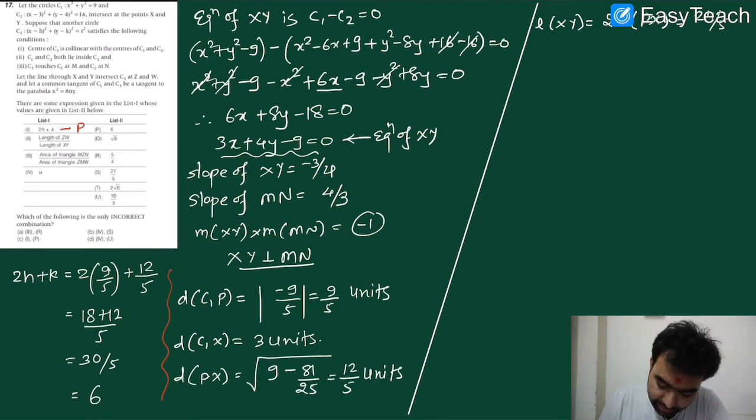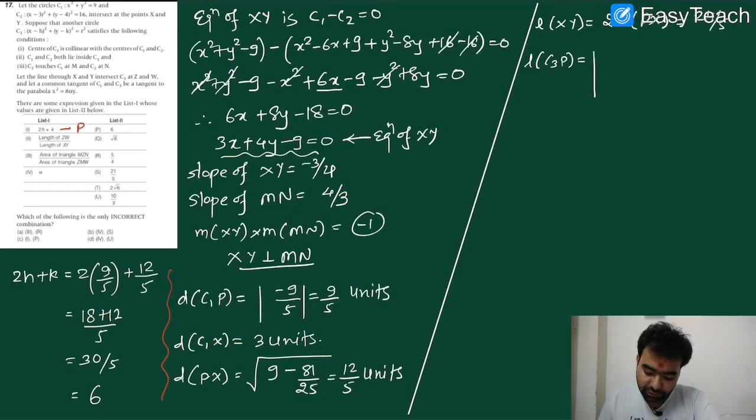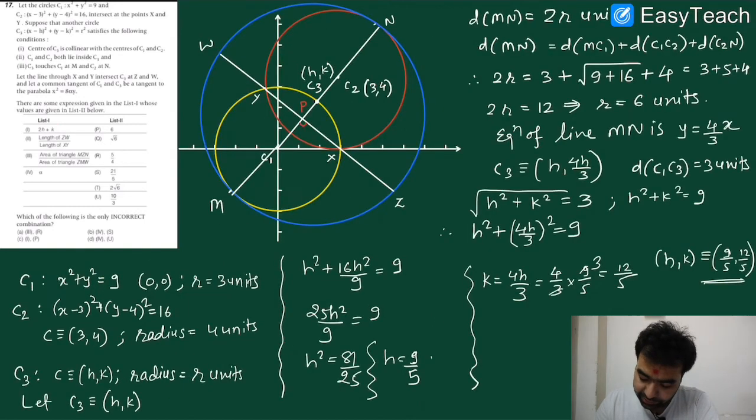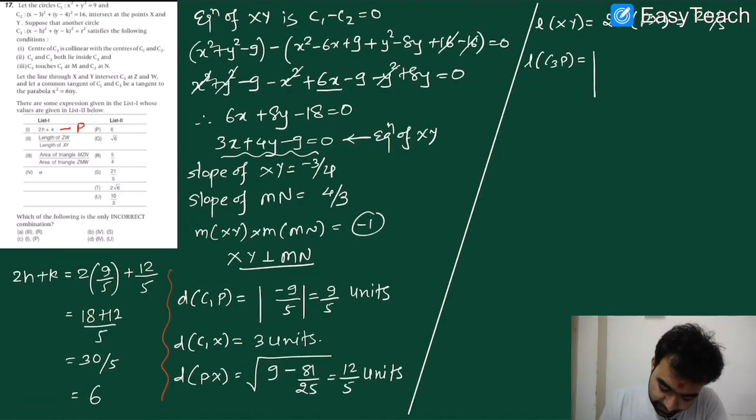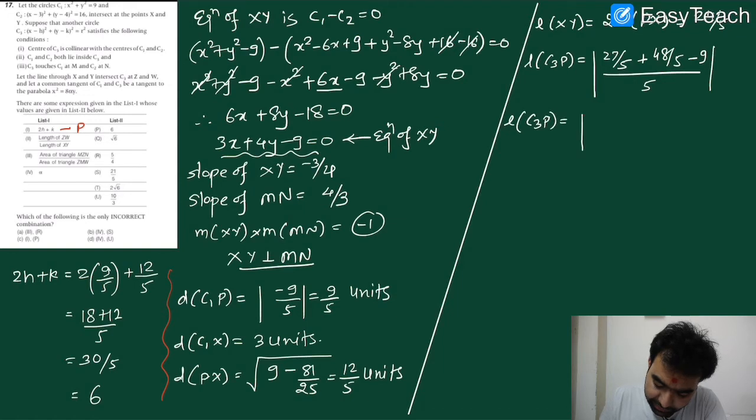Length of C3P is the mod of, substituting the coordinates of C3 in this equation, 3 into 9 by 5, 27 by 5, plus 4 times 12 by 5, that is 48 by 5, minus 9. So length of C3P will be (27 plus 48 minus 45) divided by 25, that will be 30 by 5, so that is 6 by 5 units.